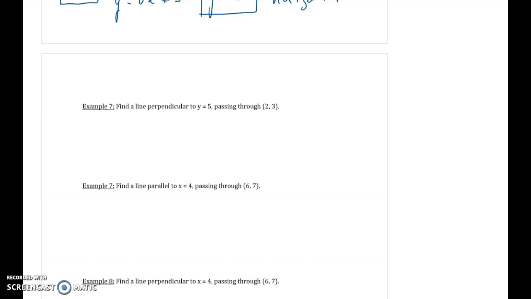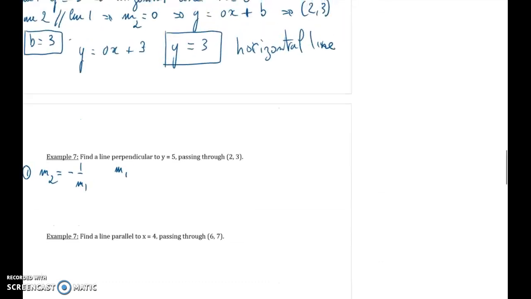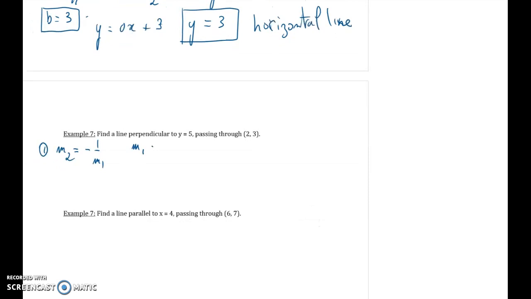Okay, perpendicular. Step number 1, remember that if you're looking for the slope of line number 2, it's going to be minus 1 over m1. That said, let me do it for you, and you will try to do another one, example number 8, by yourself. m1 equals 0. Why does m1 equal 0?